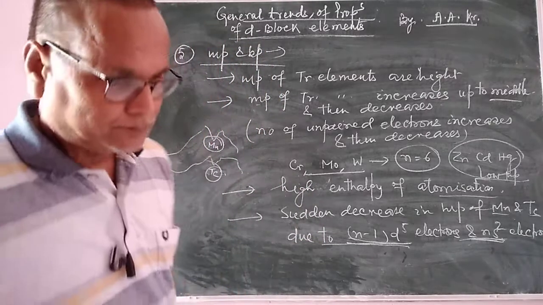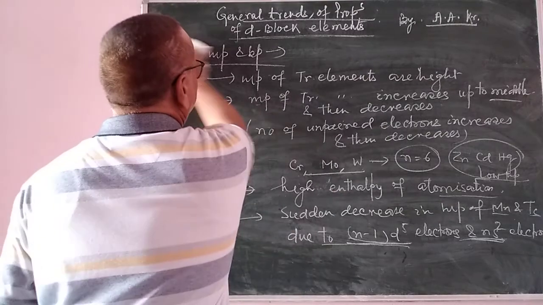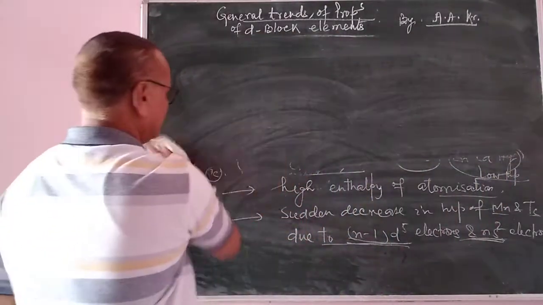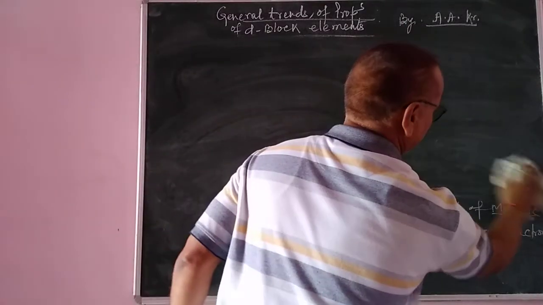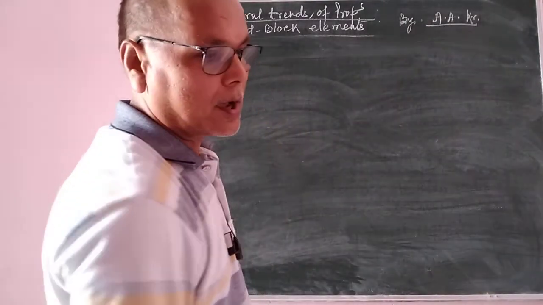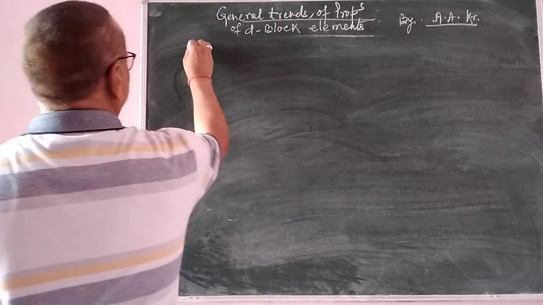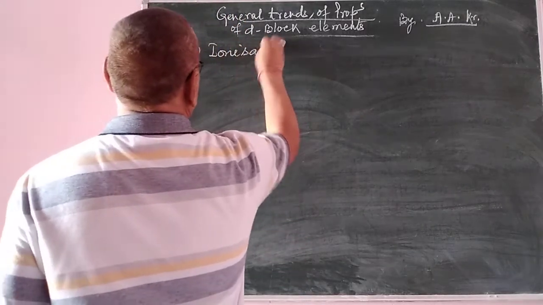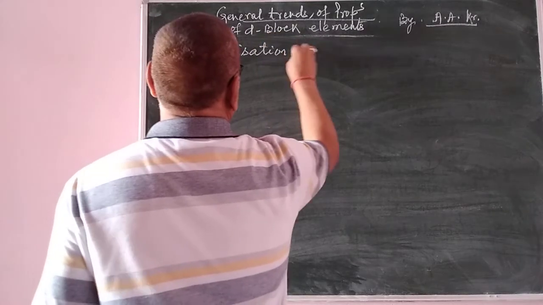Now we will go to the sixth point. Questions will come from it. The sixth point is ionization enthalpy.